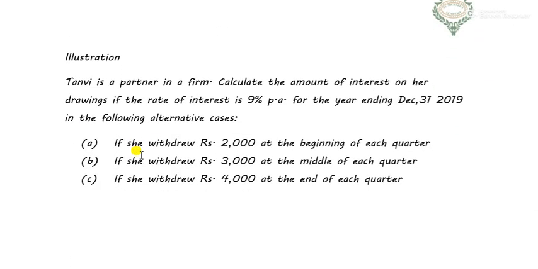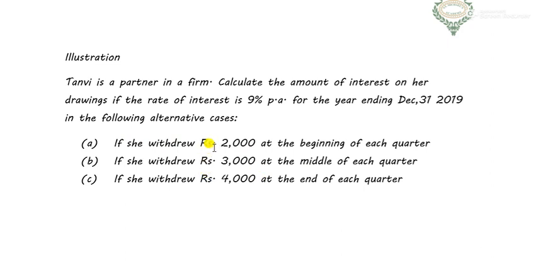Okay, so let's do a small illustration on this, very easy one. Tanvi is a partner in a firm. Calculate the amount of interest on her drawings if the rate is 9% per annum for the year ending December 31st. In the following alternative cases, she withdrew rupees 2000 at the beginning of each quarter, 3000 at the middle of each quarter, and 4000 at the end of each quarter.